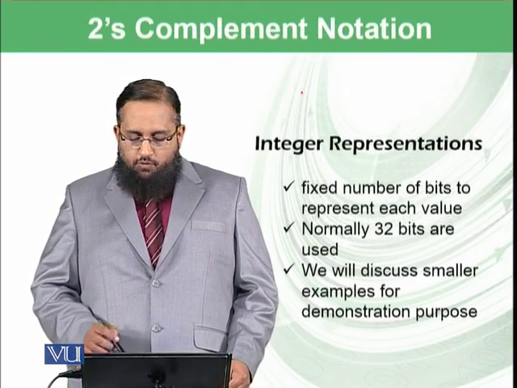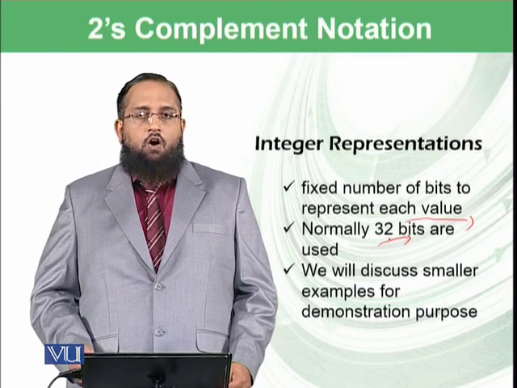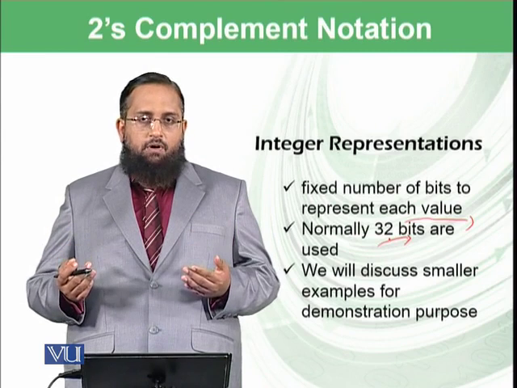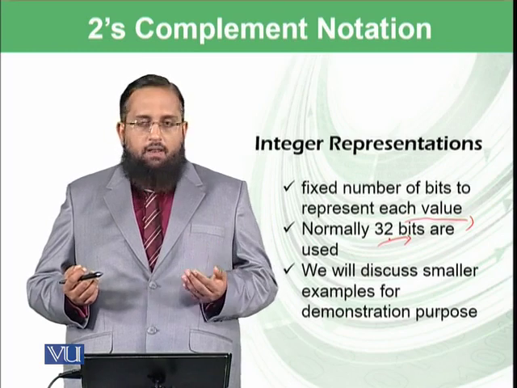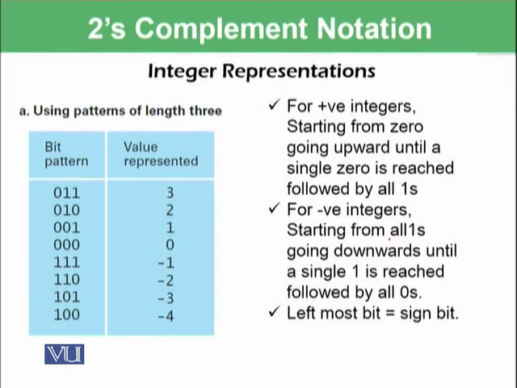Today's computers use a fixed number of bits to represent each value, and normally they use 32 bits. However, to demonstrate 32 bits in this module would be very difficult, so we will discuss a smaller example for demonstration purposes. Let's see one example using a 3-bit pattern. You can see we have written 3 bits as 0, 1, 2, 3, then 4, 5, 6, 7.